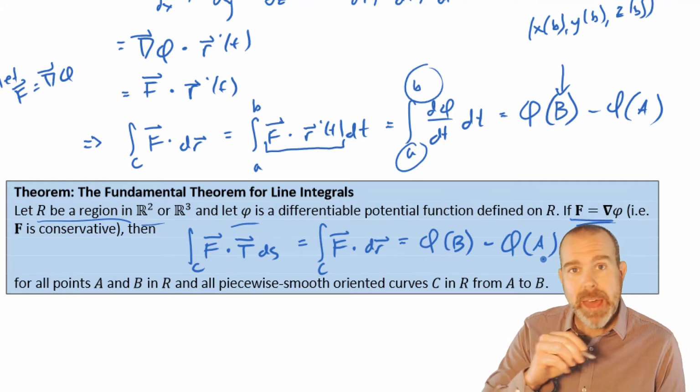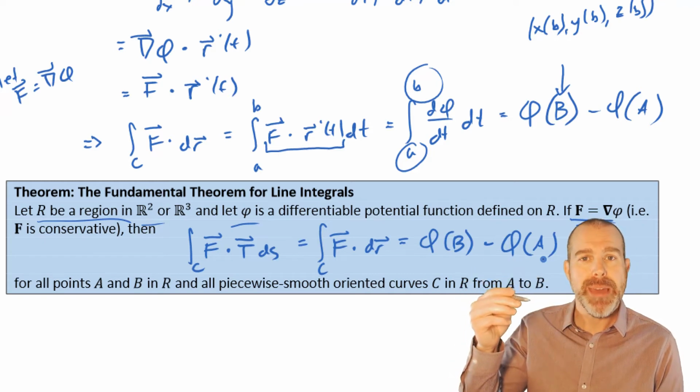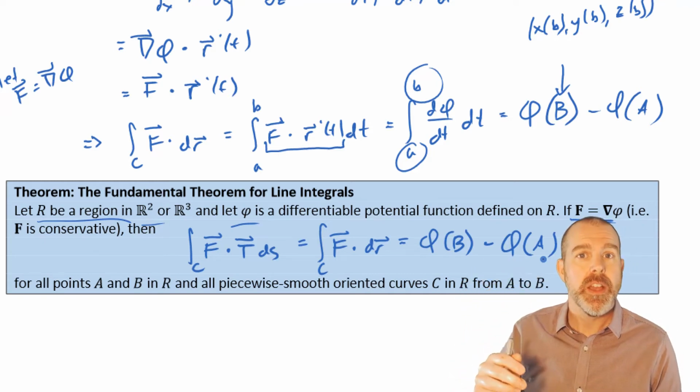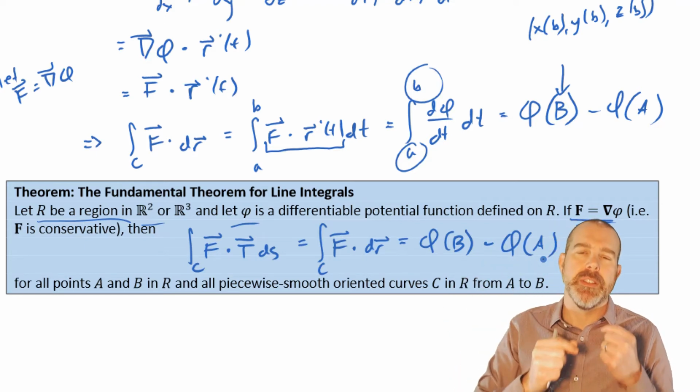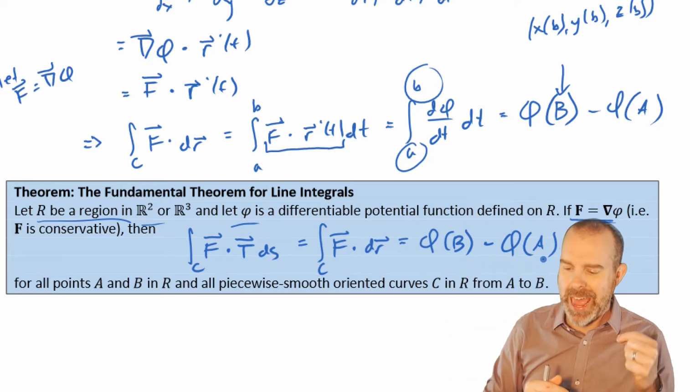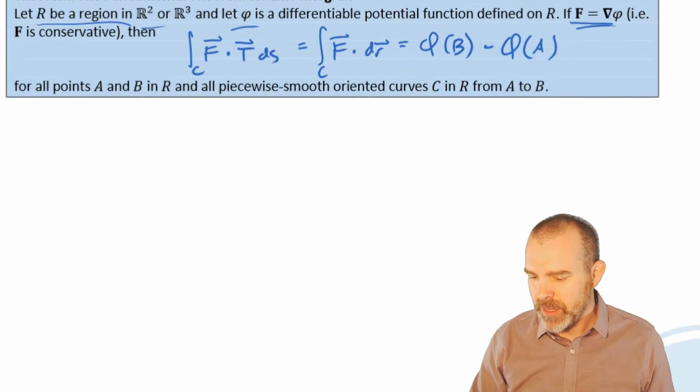It does not matter what happens between and how it gets from point A to point B. All that matters is the value of the potential function at B subtracting the value of the potential function at A. So this is the fundamental theorem for line integrals.